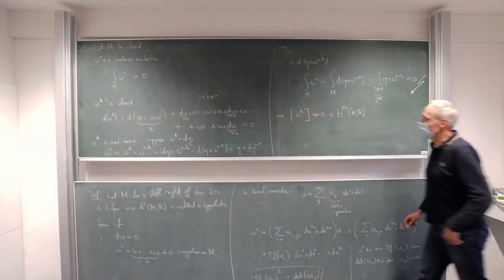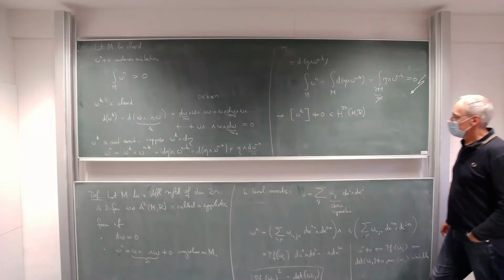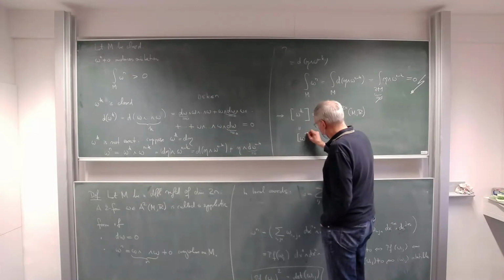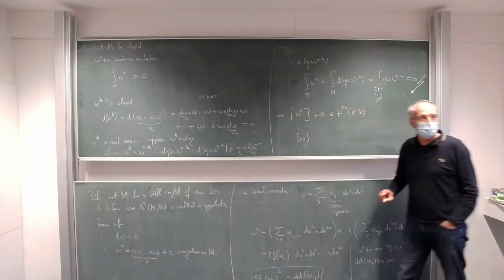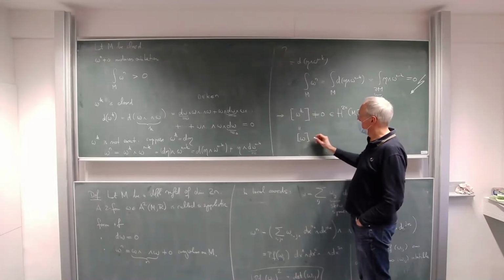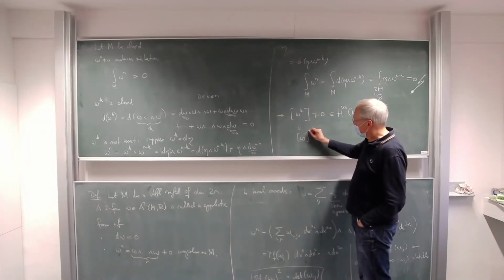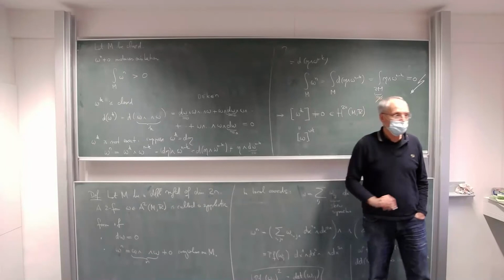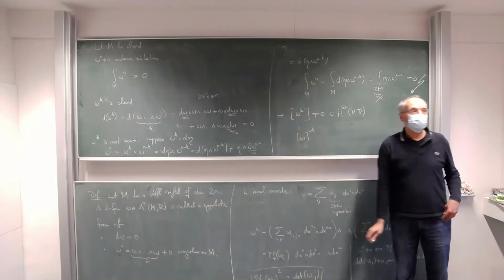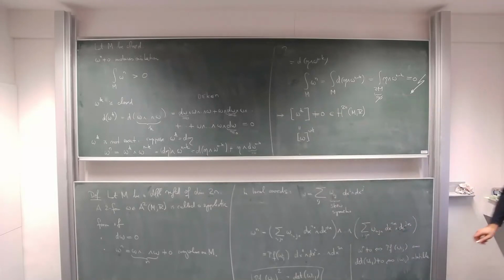All right, good. And in fact, this is nothing but the cohomology class represented by omega to the k-th power in terms of the cup product, right? So this is the k-th cup product power of the cohomology class represented by the symplectic form itself.